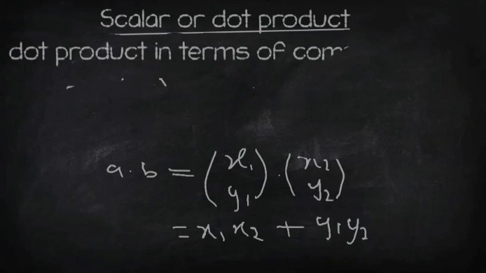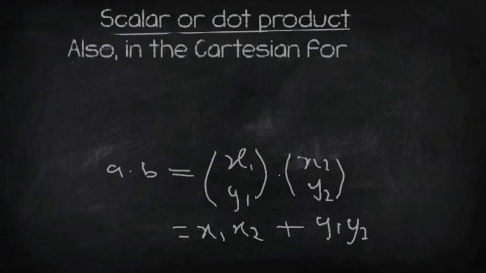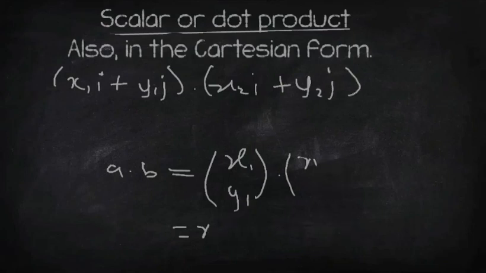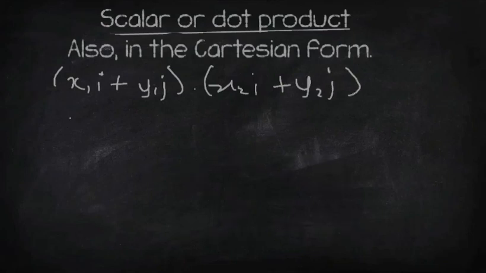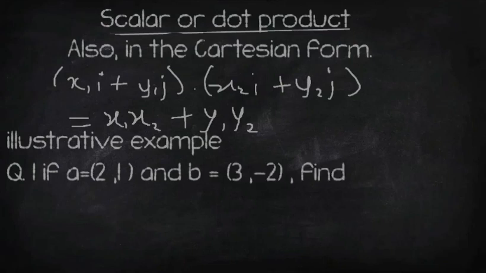Take the x values, multiply them, plus the y values, multiply the y values too. Also in the Cartesian form, (x1 i plus y1 j) dot (x2 i plus y2 j). Multiply the x as you already did earlier: x1 x2 plus y1 y2.